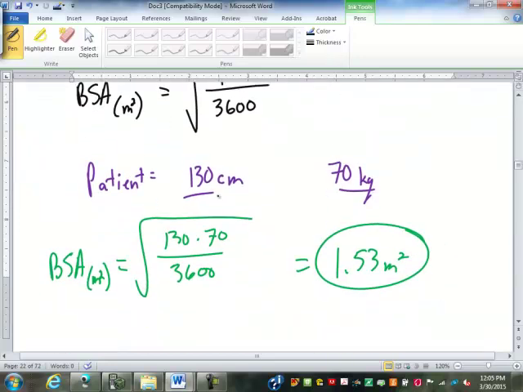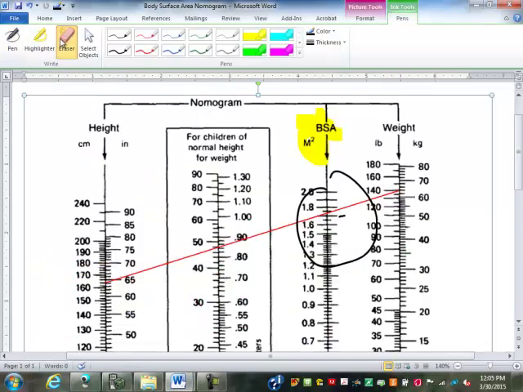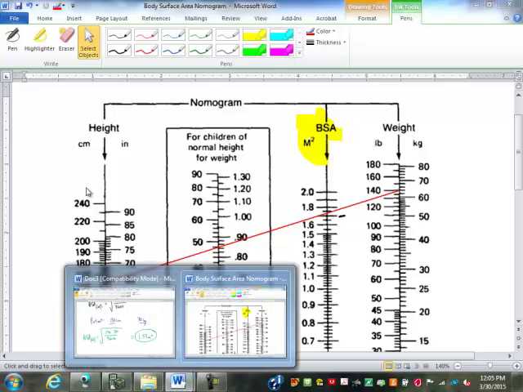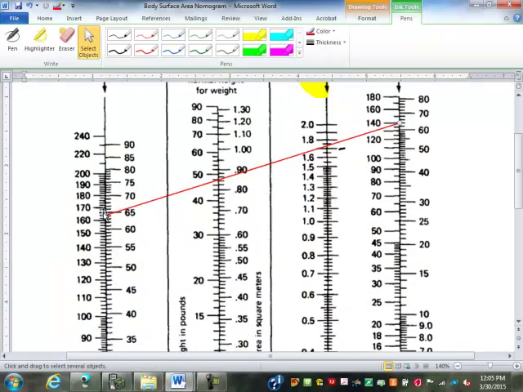Patient's 130 centimeters and 70 kilograms. So back to the nomogram. Erase that. Take our line. So we said 130 centimeters, we're going down here. There's 130. And we said how many kilograms?